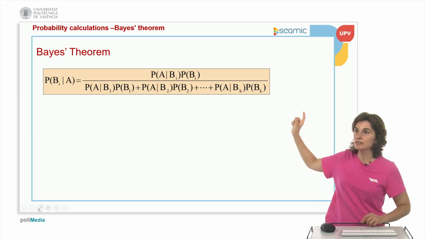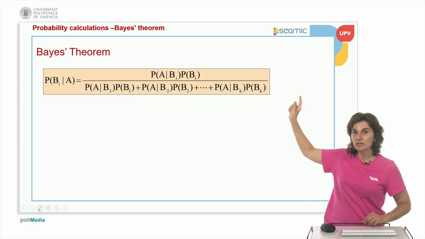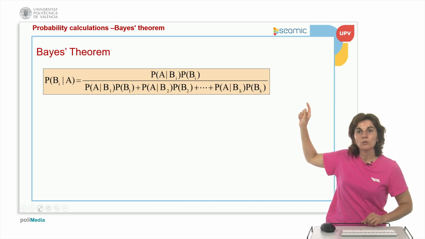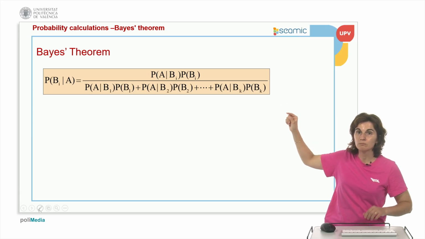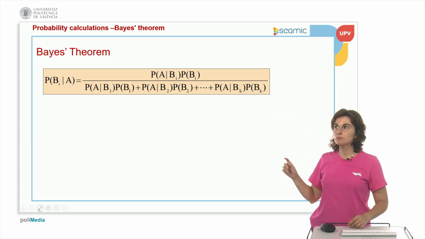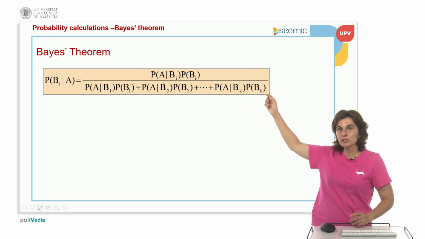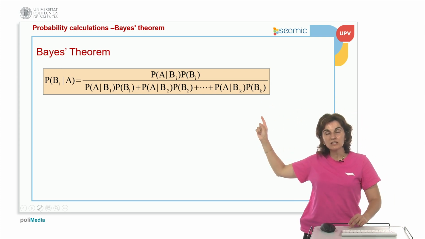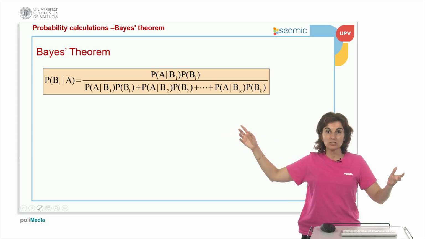If you take a look at the numerator of this expression, you can realize that here we are combining the joint probability of A and the partition Bi, any of the partitions, could be B1. So this is the probability of A given Bi, times the marginal probability of Bi. And the denominator seems to be a very long, complicated expression, but it's not.